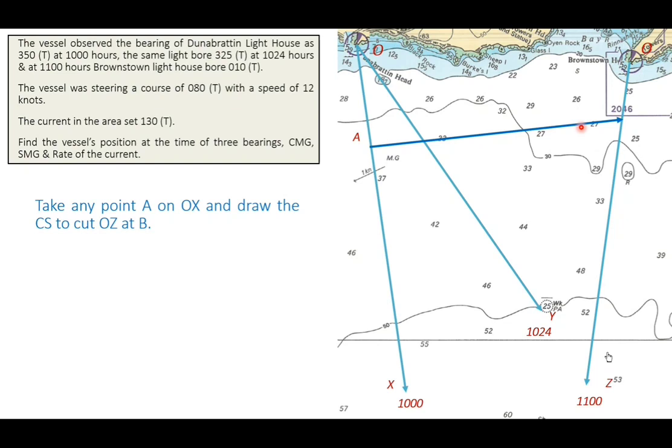Wherever this course steered line meets my third PL, the 1100 PL OZ, let's identify and name that point as B. So I have the B point on the chart. The AB line is in the same direction as my course steered, which is 080.